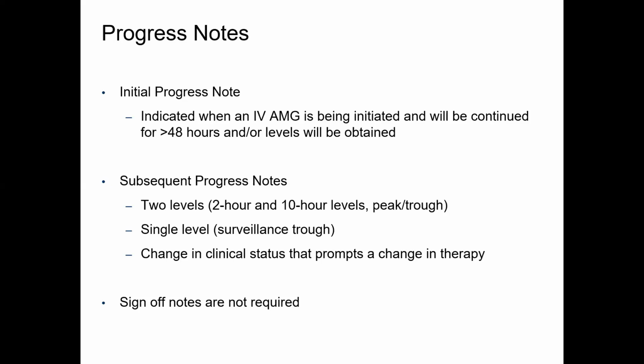But if the patient's levels have already returned, because the patient was in the emergency room for quite some time, it is not expected to write more than 1 note in 1 day. So no reason to write an initial progress note and a note discussing the levels on the same day. If we've missed that window for the initial progress note, it's fine to skip it and just write those subsequent progress notes addressing the levels that have returned.